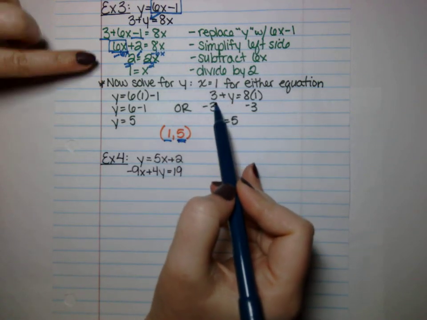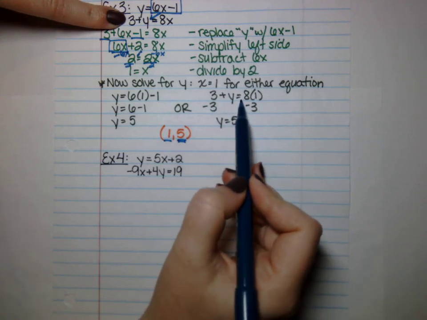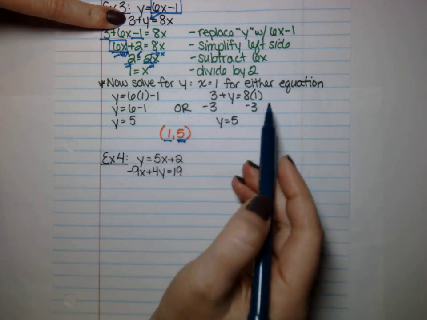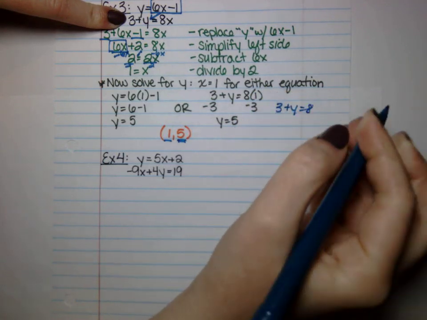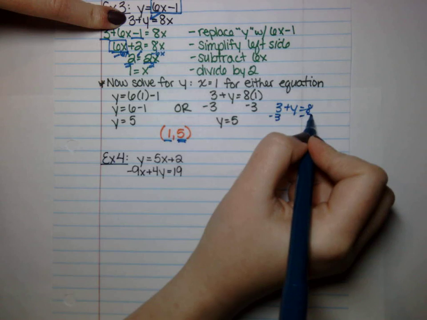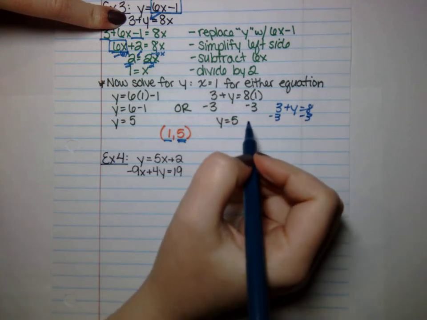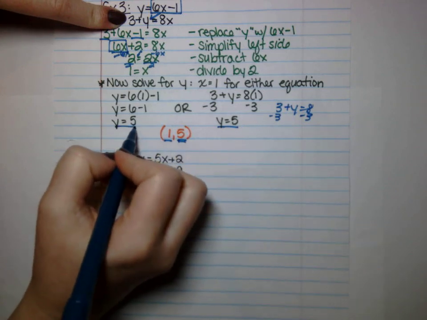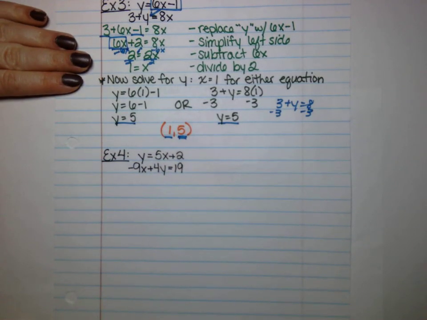Or, like I said, you could have plugged it into the second equation. So if I have 3 plus y is equal to 8 times 1, that's going to give me 3 plus y is equal to 8. When I subtract 3 from both sides, I'm going to end up with 5 as well. So again, it doesn't matter which equation you plug it into, you're still going to get the same value.